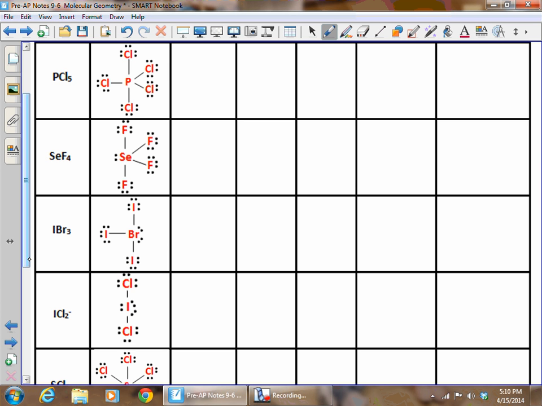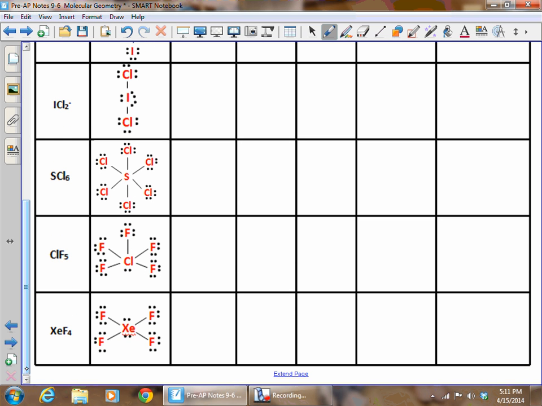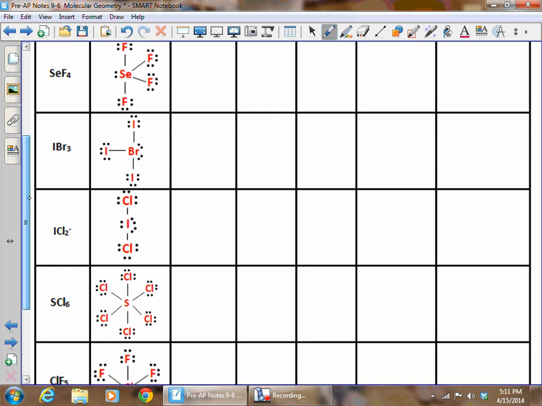So here are the first four, and there's the last three down here. So you need to pause it again and make sure you draw these structures. You've got to know what the Lewis dot structures are, or you're dead in the water as far as figuring out what the molecular geometries are.